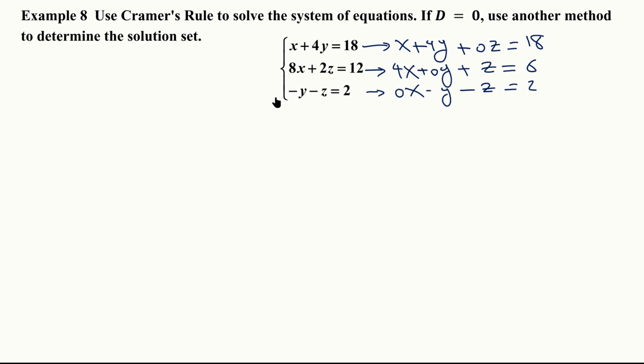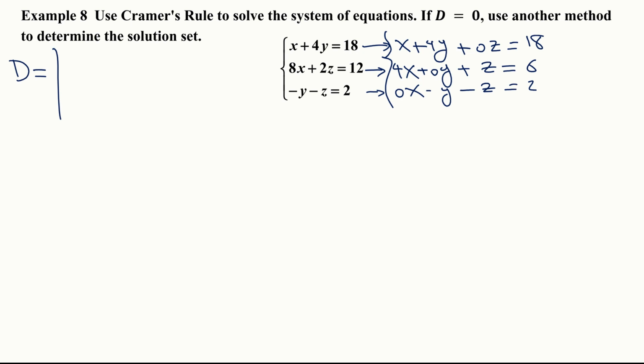And we don't have an x term here, so we put the filler 0x minus y minus z equals 2. All right, so now we're ready to calculate D. And that's going to be the determinant. We're going to use these values in the new one because they're the proper ones to use.